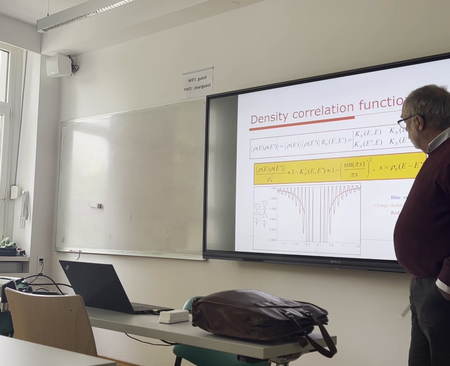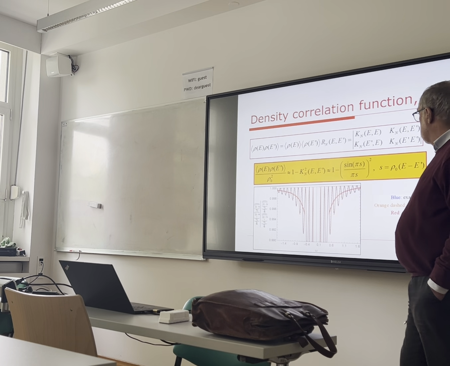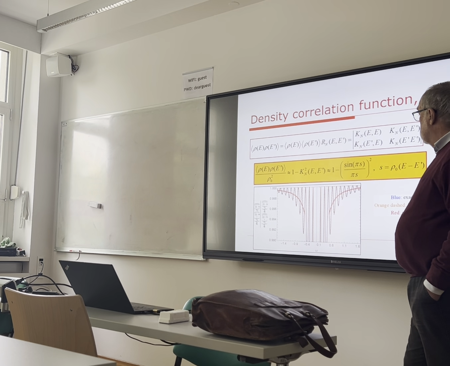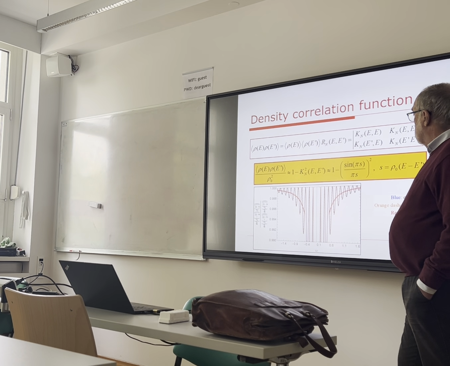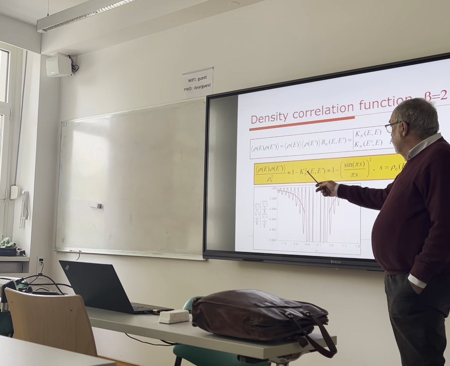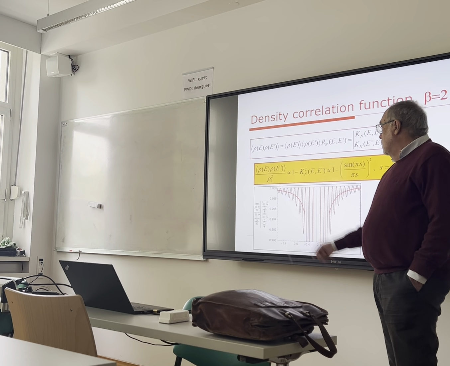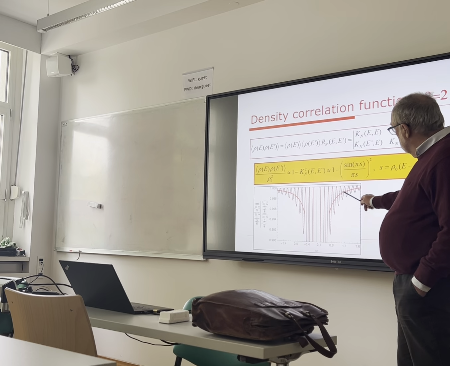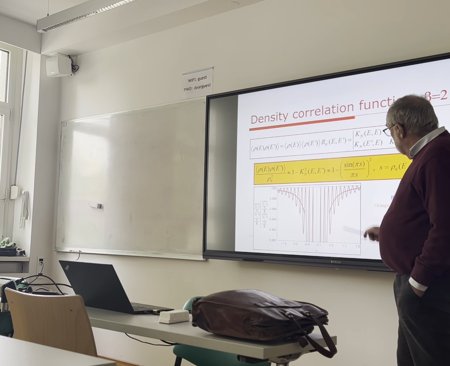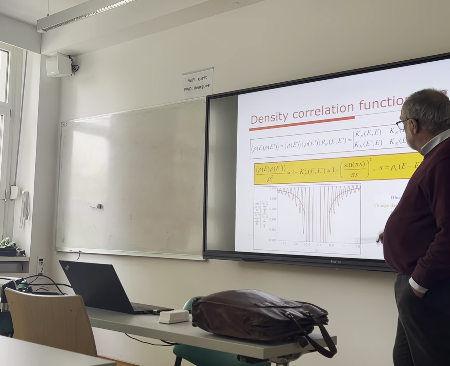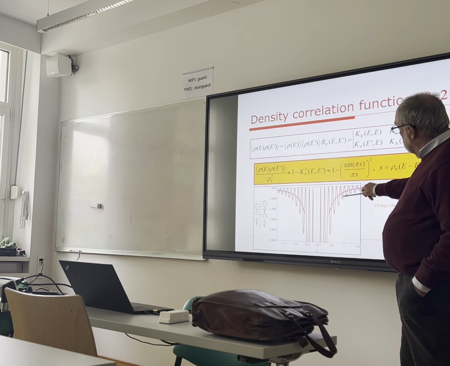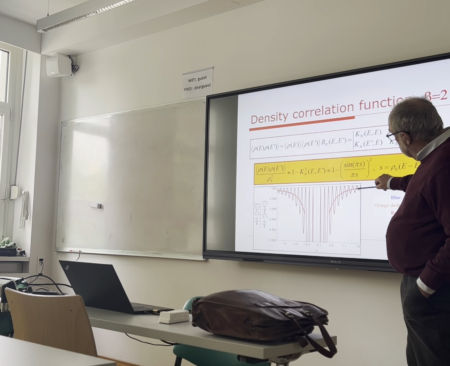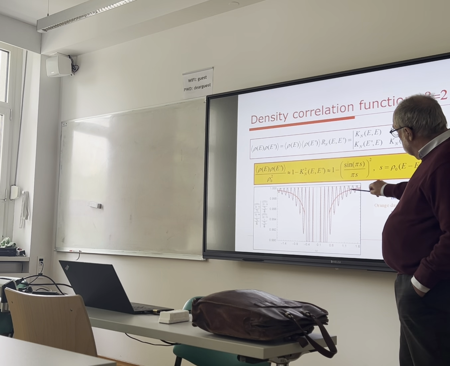But then beforehand we discussed the so-called plasma model, classical plasma with logarithmic interaction, and we obtained also a sort of approximation to the same density of level correlation function, and within the plasma model it is these red lines, and it is seen that what the plasma model misses is the oscillations with the period of mean level spacing, and it actually passes through the middle of this oscillation.